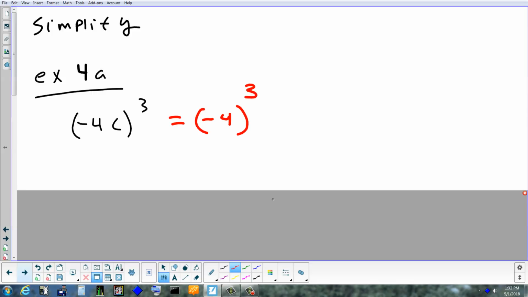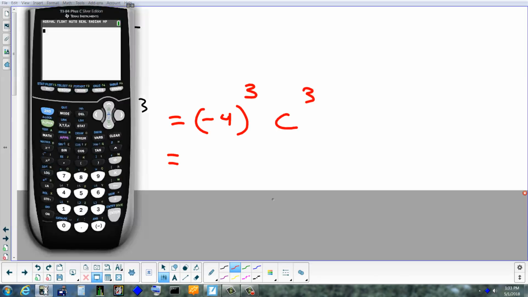What's the second factor inside the parentheses? 3bc. And what power is that going to get raised to? The 3. Now, this one's not done because that's a number to a power. We can use our calculator and do it. Okay. What symbol do I have around the -4?